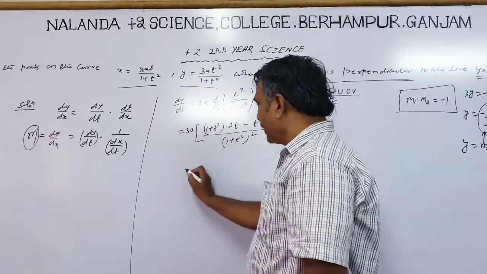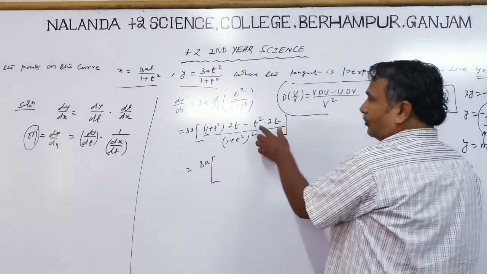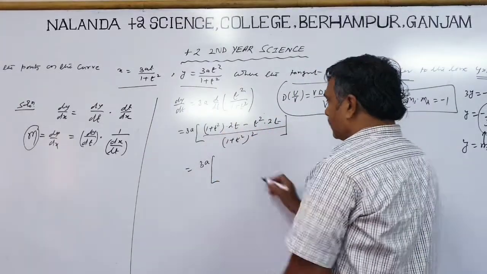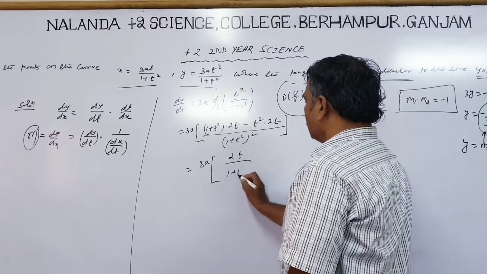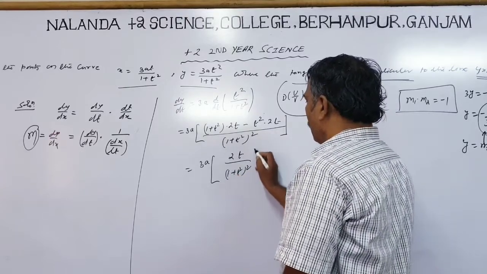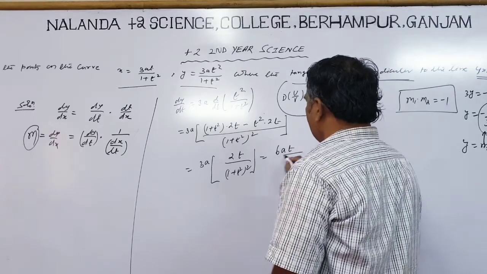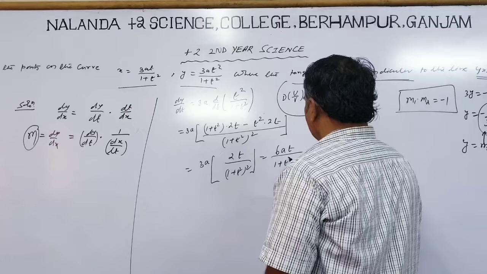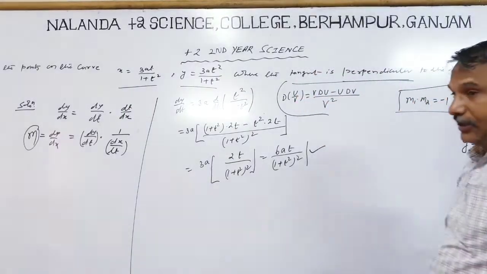Okay. Or we can write 3a, 2t cube cancels out, now 2t by (1 plus t square) whole square. Or you can write 6at divided by (1 plus t square) whole square. This is dy by dt.